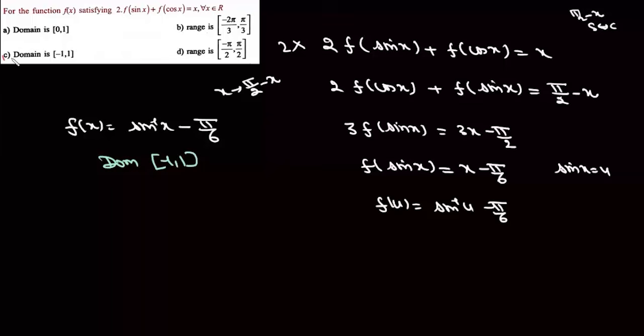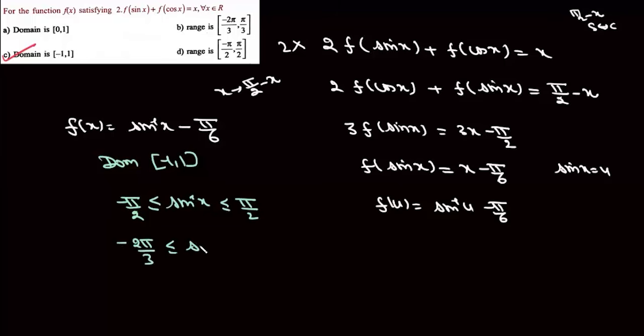So that's your option C. And we know that the range of sin inverse x is from minus pi by 2 to plus pi by 2. And if we subtract pi by 6, we'll get minus 2 pi by 3 less than or equal to sin inverse x minus pi by 6, and it'll be pi by 3. So range of this function will be from minus 2 pi by 3 to pi by 3. So the correct options are B and C.